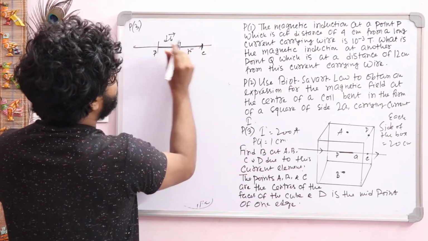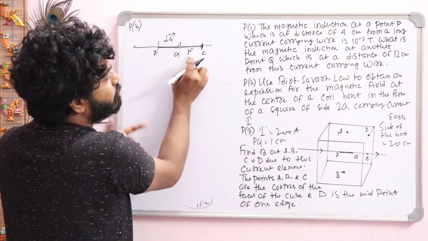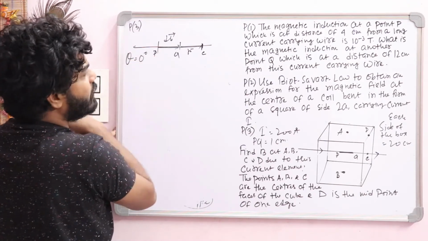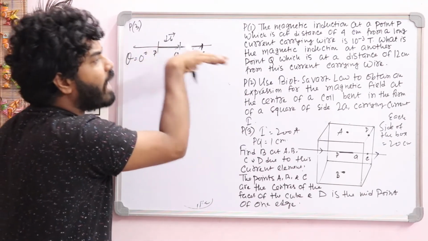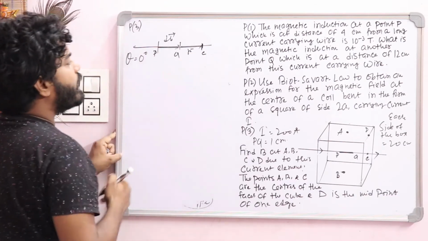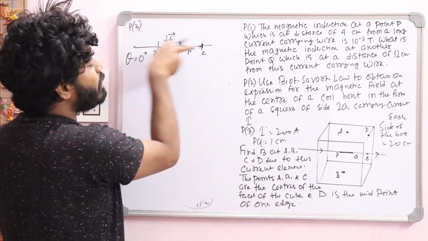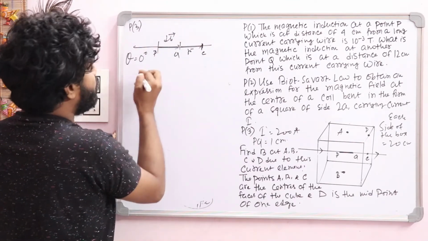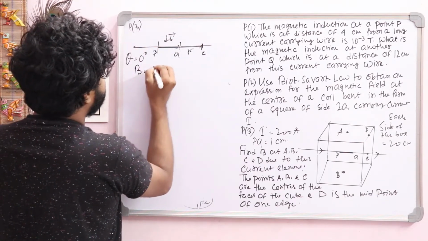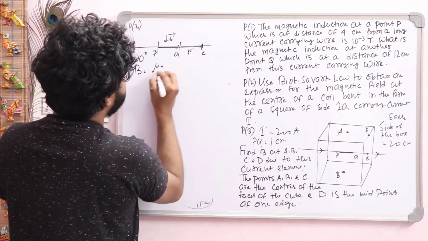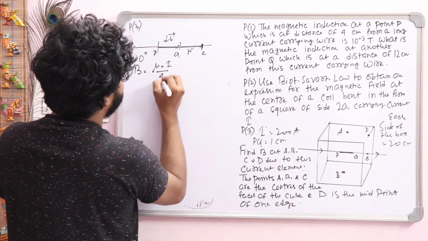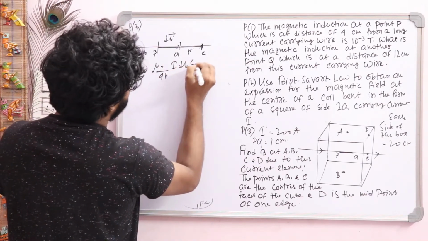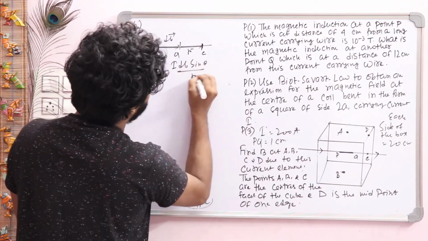So here del L and R make an angle theta equal to 0 degree, because both are in the same line, both are parallel. You have to find the magnetic field on the line of the conductor. So use the general expression, B is equal to mu naught by 4 pi, I del L sin theta by r square.